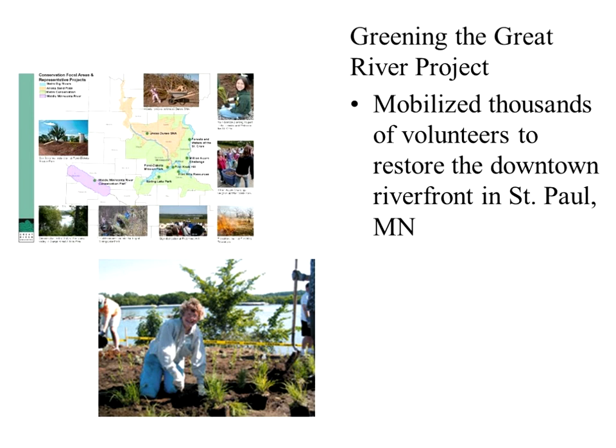Another well-known project is the Greening the Great River project out of St. Paul, Minnesota. Basically, a lot of that river area was restored, and again, it was dependent on thousands of volunteers to grow and plant native species in the place of invasive and more non-biological kinds of riverfront areas.